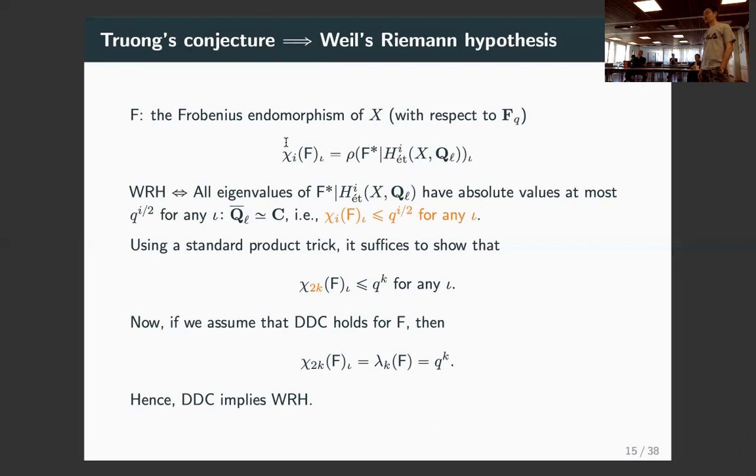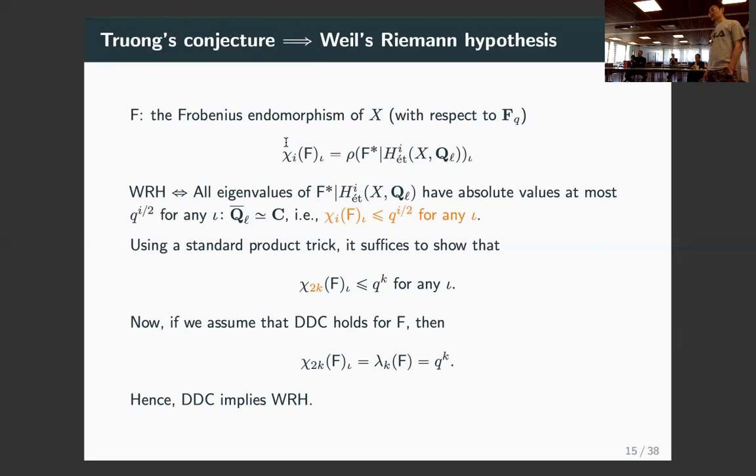Okay, so now using a standard product trick and Künneth's formula, we just need to show that the 2k-th cohomological dynamic degree is less than or equal to q^k for any iota. Now if we assume this DDC holds for the Frobenius endomorphism, in other words, chi_2k equals lambda_k, then we need lambda_k of f to be q^k.